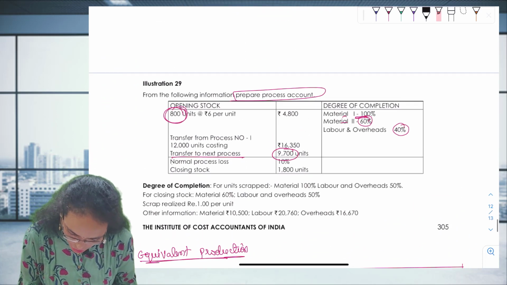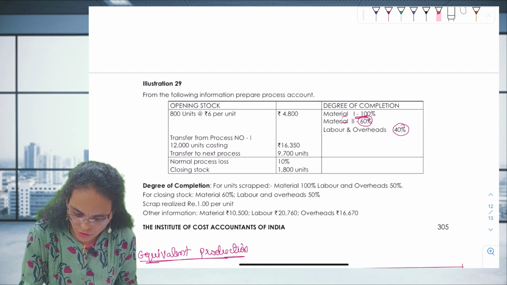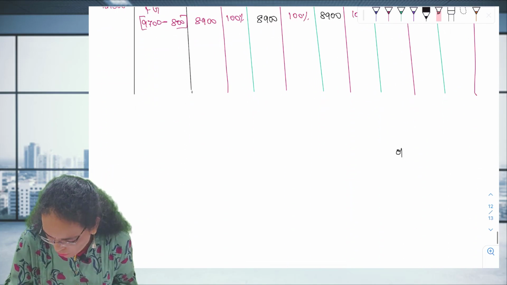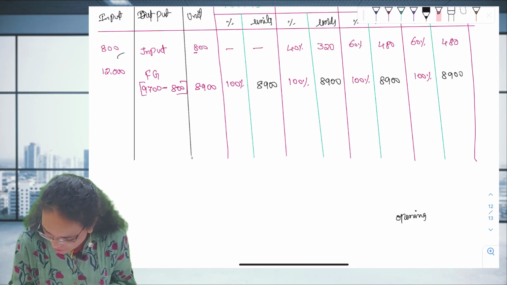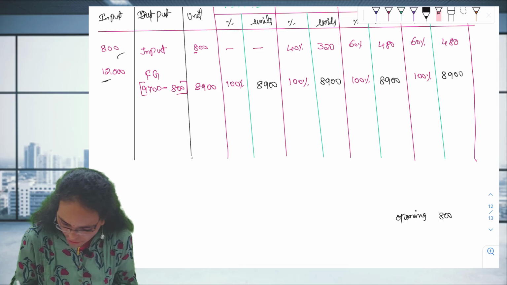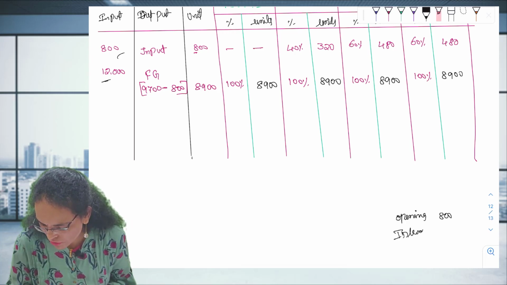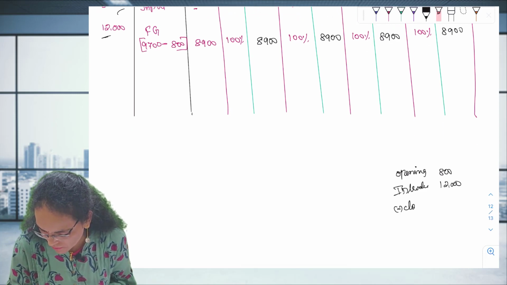Next one, normal loss is 10%. How to calculate? See, come here. Opening one, we have 800. Introduced one or purchased one, you can say, 12,000, minus closing one, which is 1,800.